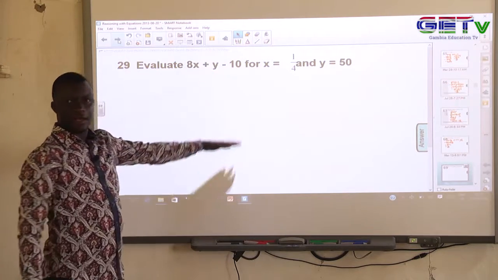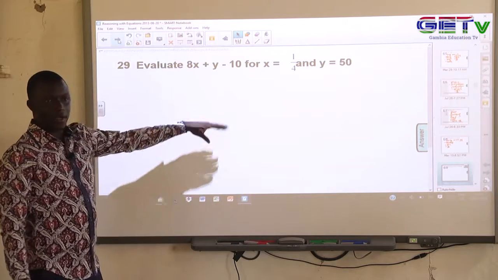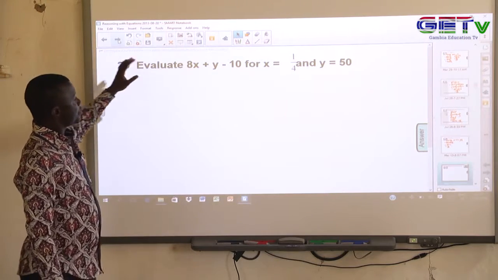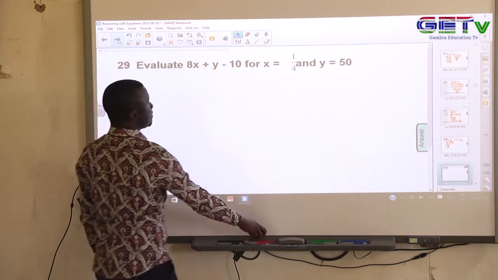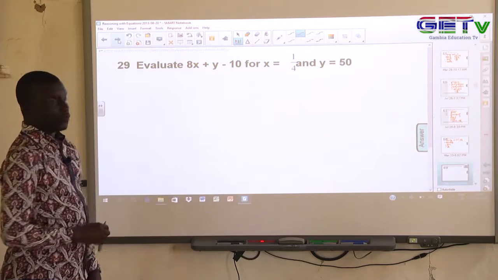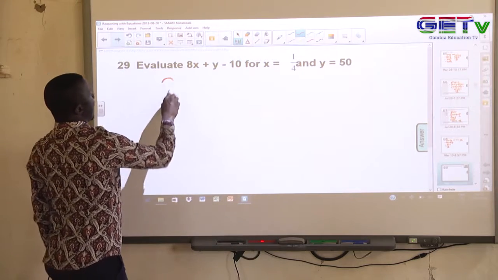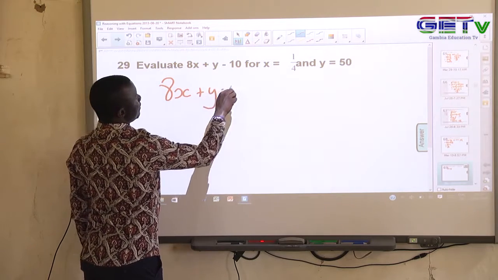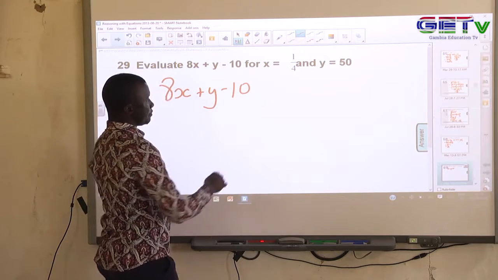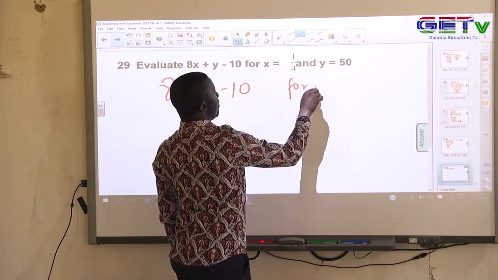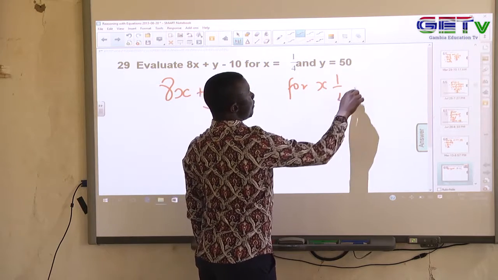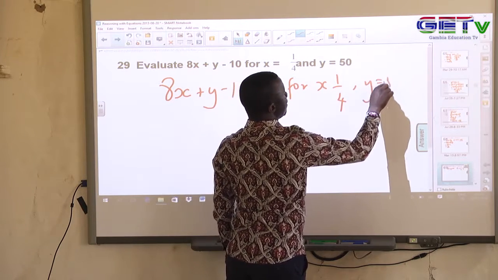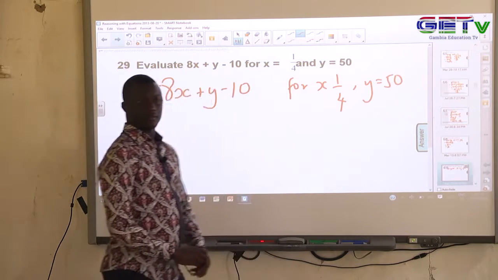We have a similar one as the previous one. So let us do this one again. Write the expression, which is 8x plus y minus 10, for the value of x as 1 over 4 and y as 50.